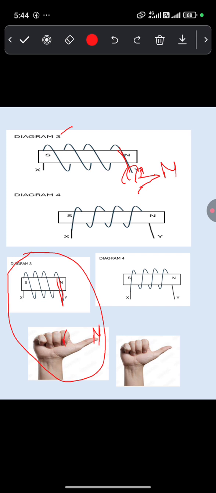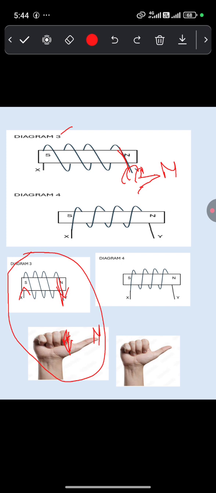In front, your curled fingers are pointing down, whereas at the back, it is pointing up, automatically, because when you curl your fingers, in front here it is curling down, meaning at the back it's going up.